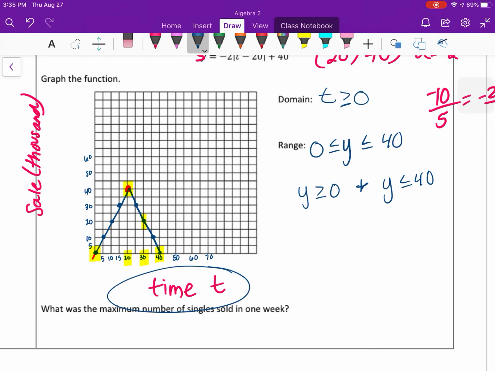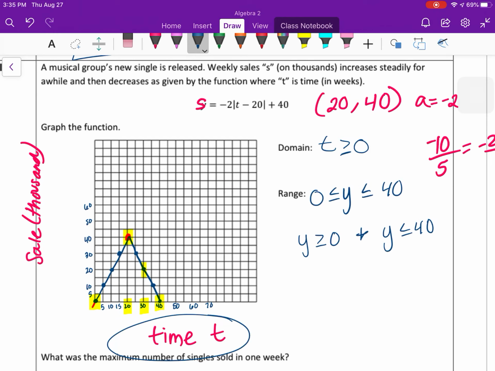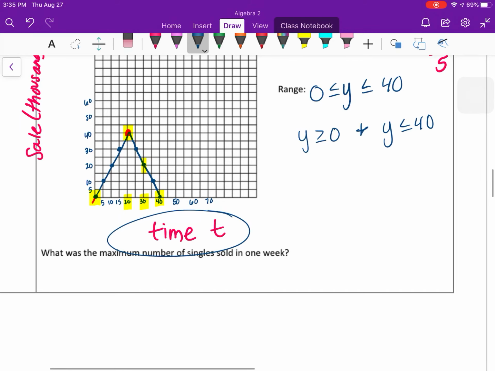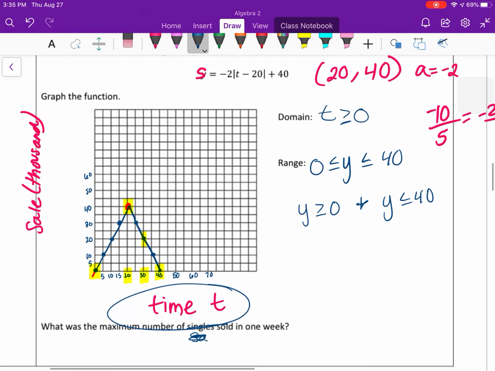So what is the max number of singles sold in 1 week? The max number of singles. I guess all I know here is the max number of sales. Oh wait, no, I can't answer this.